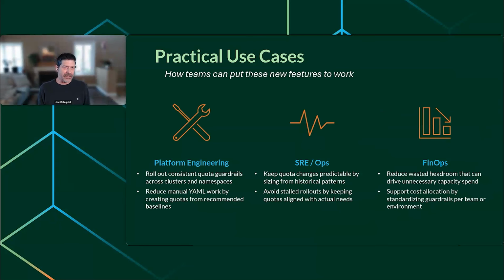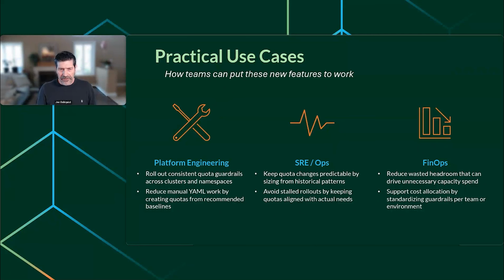There are some great practical use cases for this. It sounds hard. It sounds complicated because this is an admission controller. The stakes are a little bit high if things go wrong. We've given you the tools in 3.1 to prevent things from going wrong. But I think these three use cases really bring to life exactly how they're going to be used. First, standardization, right?